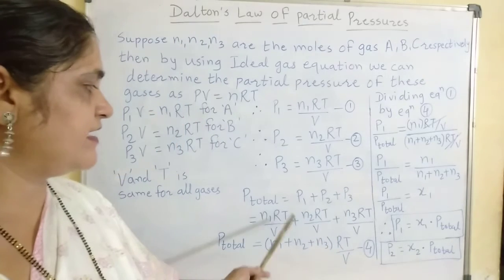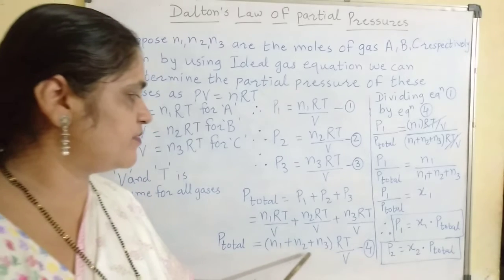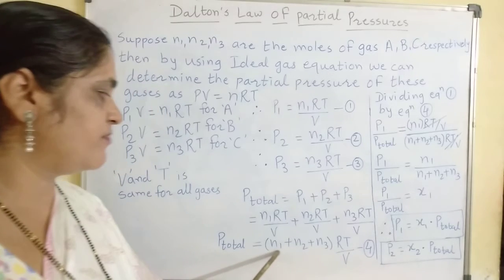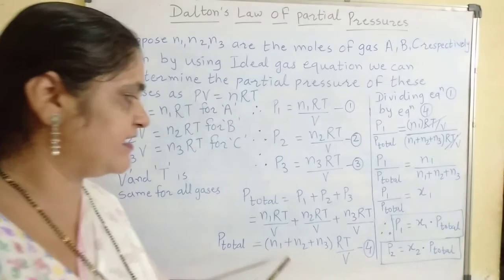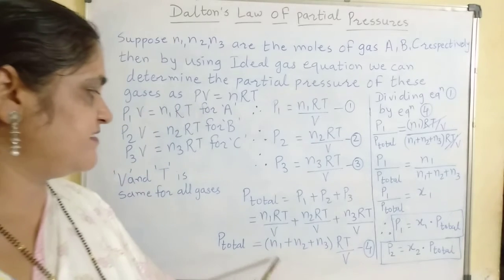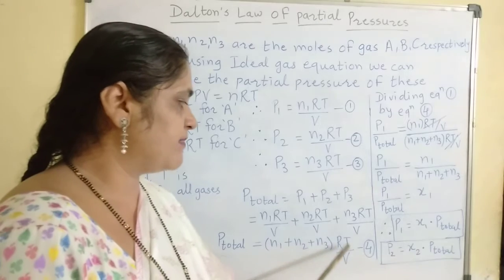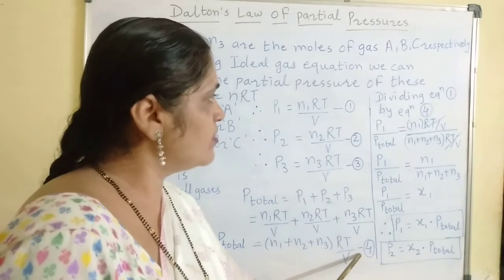Taking RT upon V as a constant, we get N1 plus N2 plus N3 in the bracket, into RT upon V. So P total equals (N1 plus N2 plus N3) multiplied by RT upon V. This is equation 4.